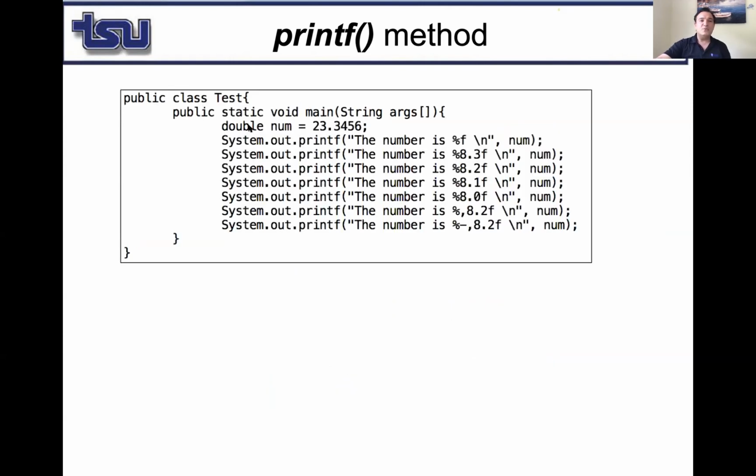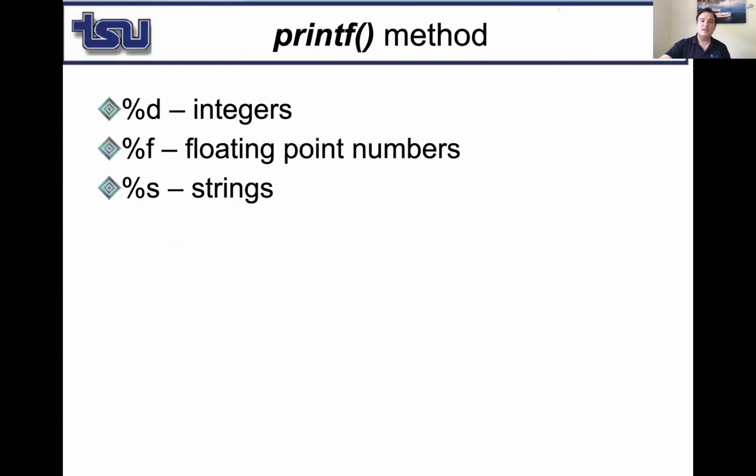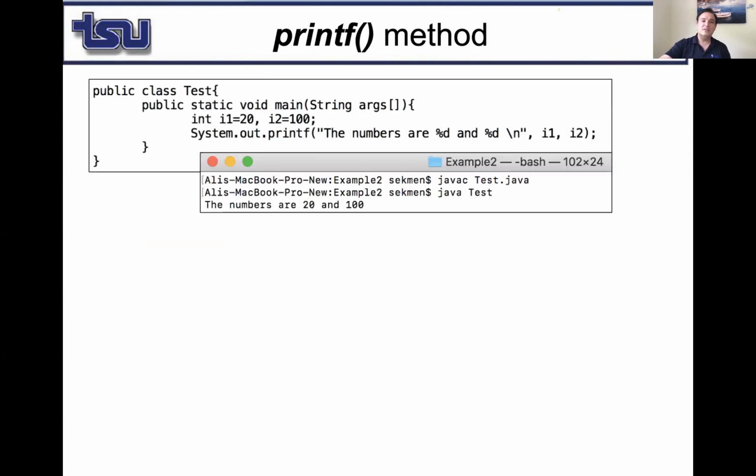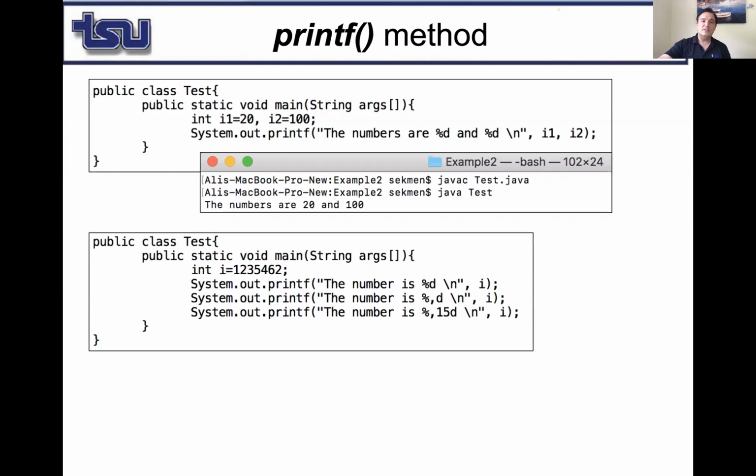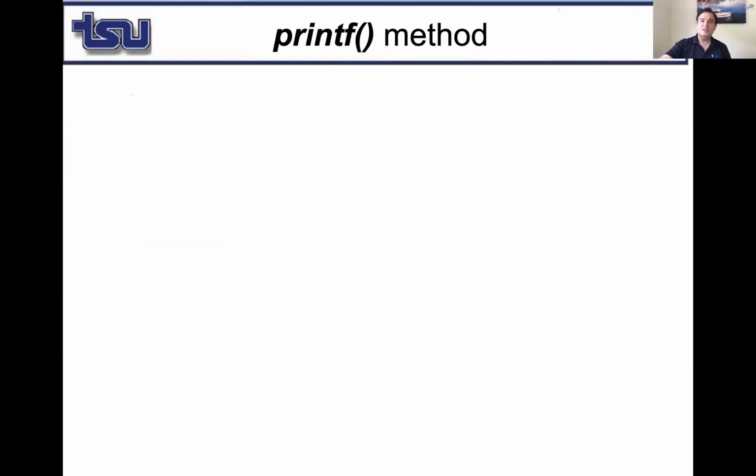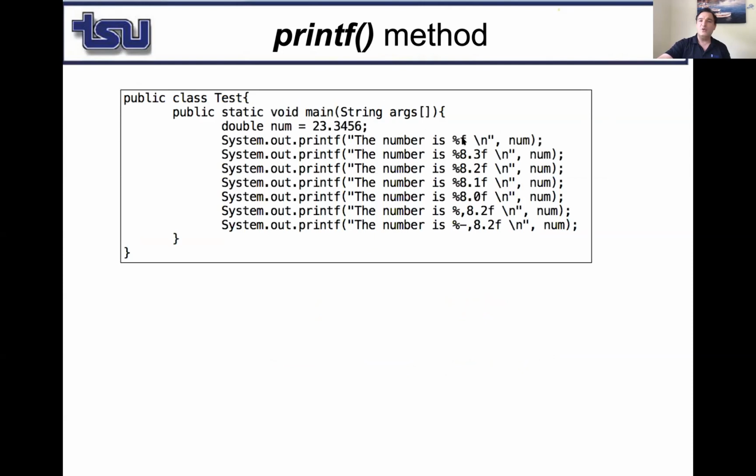Same thing for doubles. For doubles, we put percentage sign F. F stands for floating point numbers. I repeat, percentage sign D for integers, percentage sign F for doubles. For example, 23.3456.